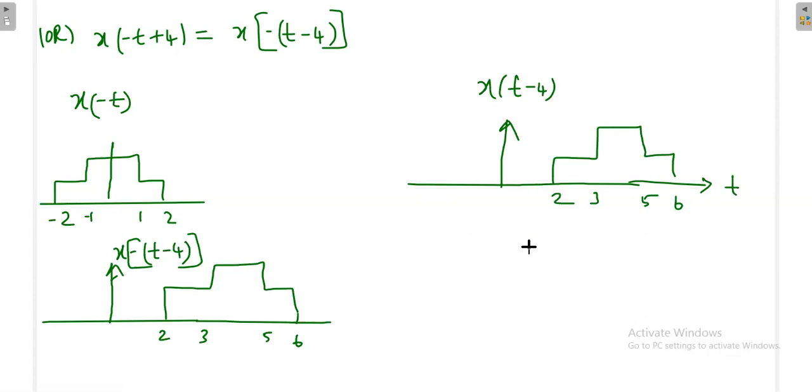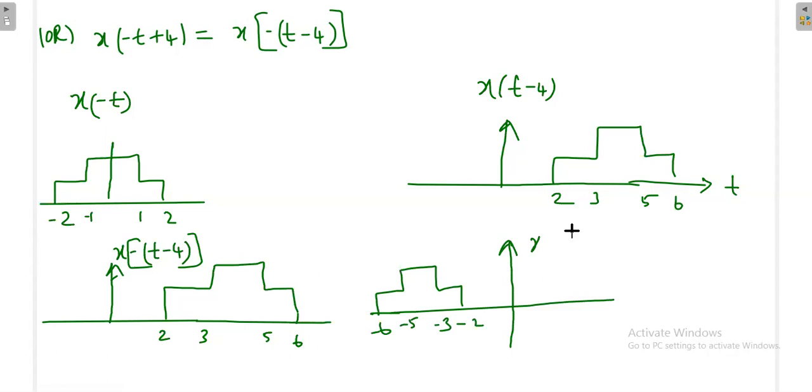Once you apply the time reversal, exactly this diagram will be flipped because you're applying the minus to the entire diagram. That will come here, like this: minus 2, minus 3, minus 5, minus 6. Now this is your x of minus t minus 4.